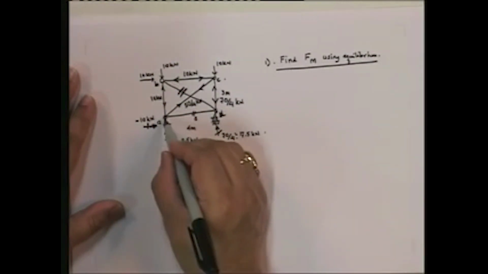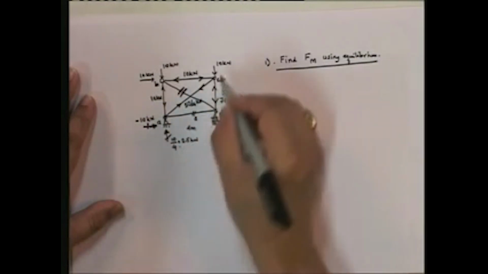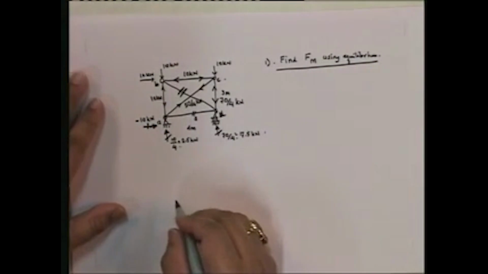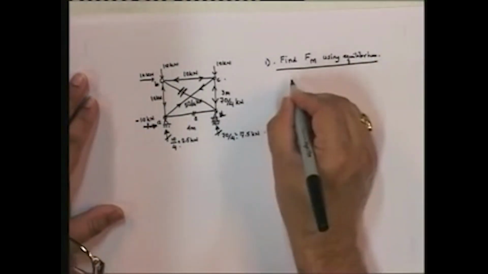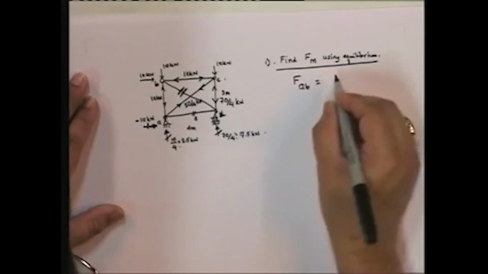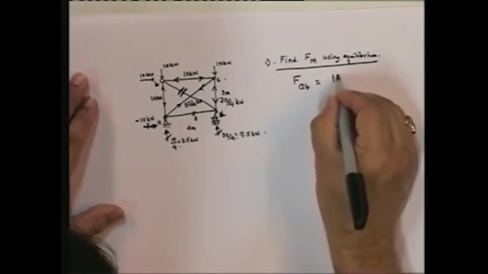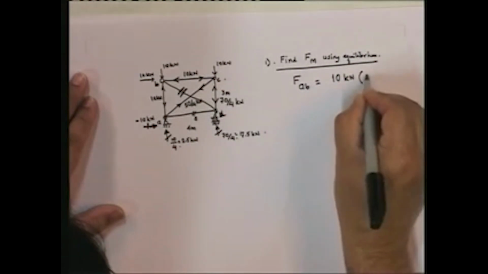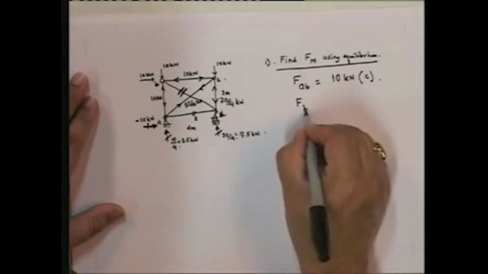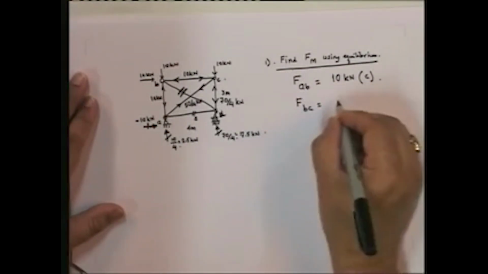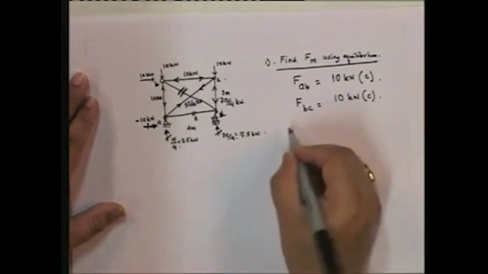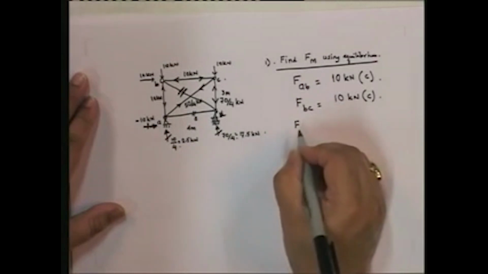And now if you look at this particular situation, the equilibrium of this joint is satisfied automatically, and the vertical of this is satisfied. So let me write down the forces. FAB is equal to 10 kilonewtons compressive. FBC is equal to 10 kilonewtons compressive.